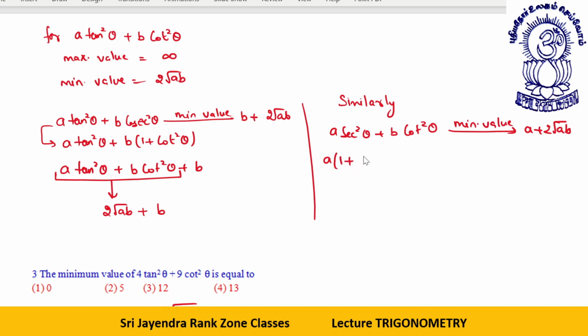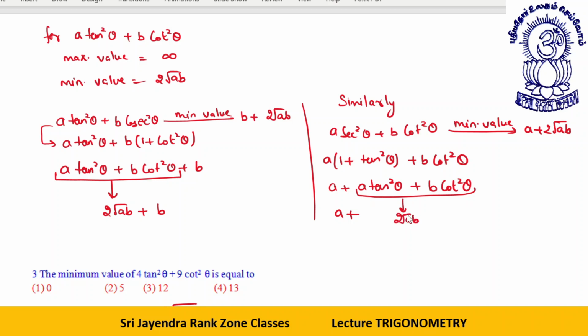It will be A into 1 plus tan square theta plus B cot square theta. This becomes A plus A tan square theta plus B cot square theta. That is A plus, for this expression, the minimum value is 2 root AB. So you get this value.